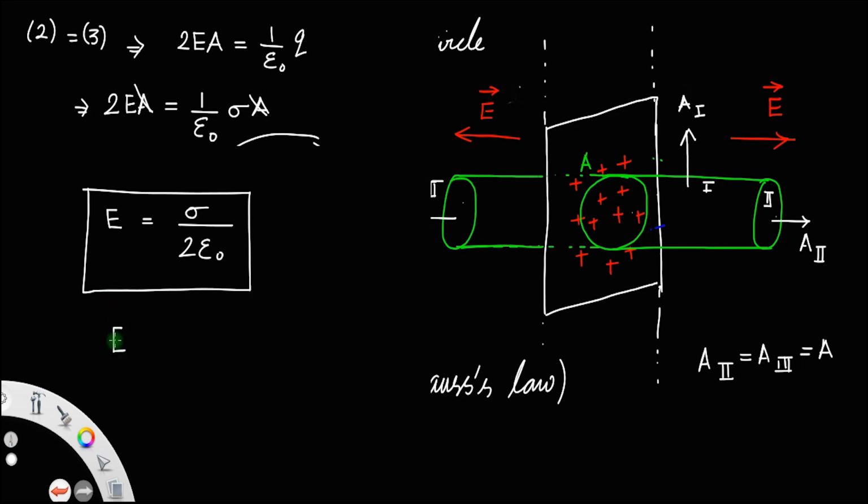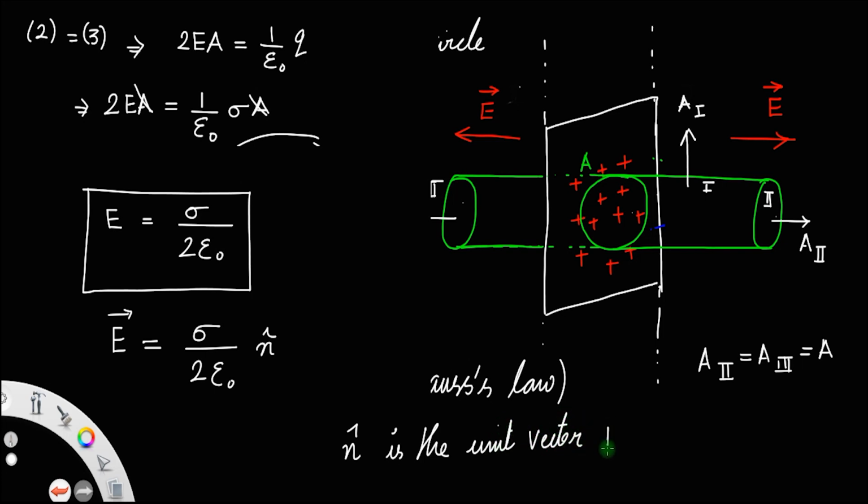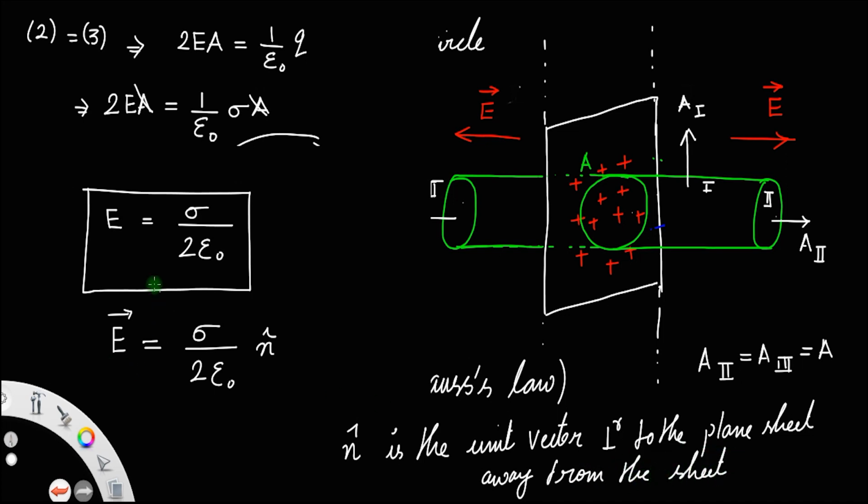So you can write this in the vector form E equal to sigma by 2 epsilon 0 times n cap, where n cap is the unit vector perpendicular to the plane sheet, away from the sheet. Clear? So this is the vector form of the electric field.